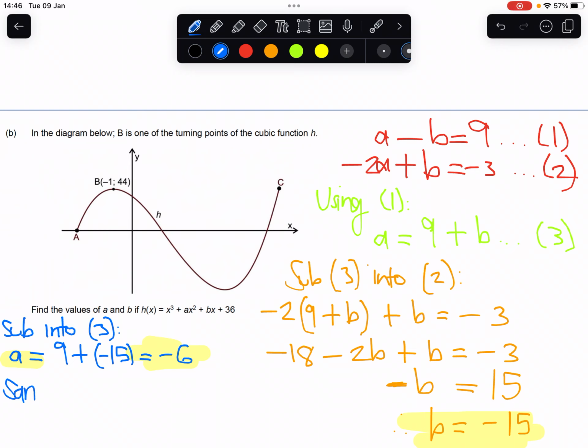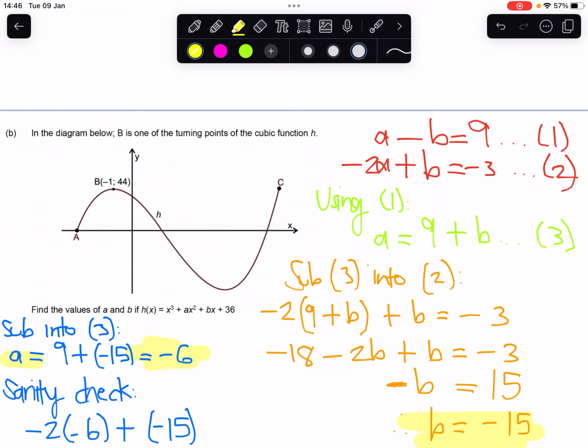So sanity check. Negative 2 times negative 6 plus negative 15, right? So this over here is positive 12. And then if we add negative 15, so positive 12 minus 15, that gives us negative 3.